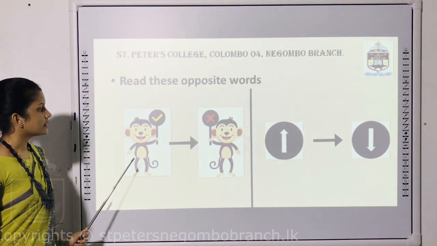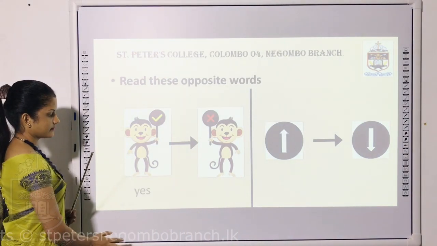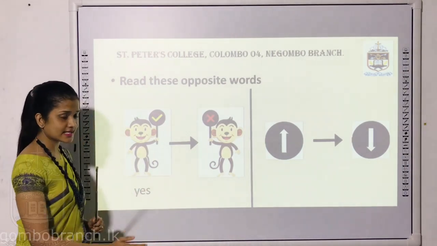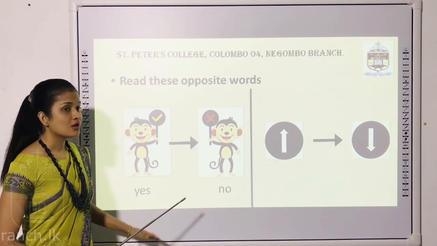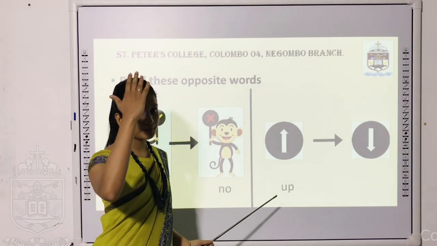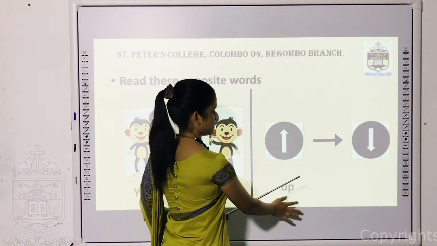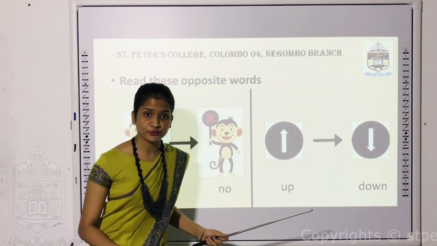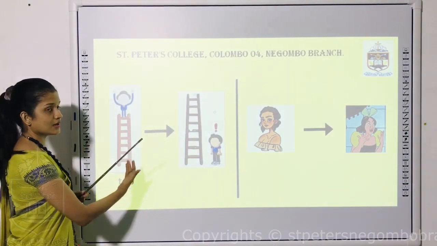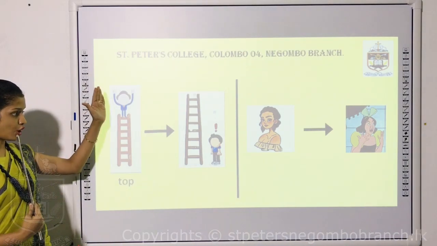Okay. What is this? Yes. The opposite word for yes is no. This one. Up. Opposite word. Down. Next one. Top.